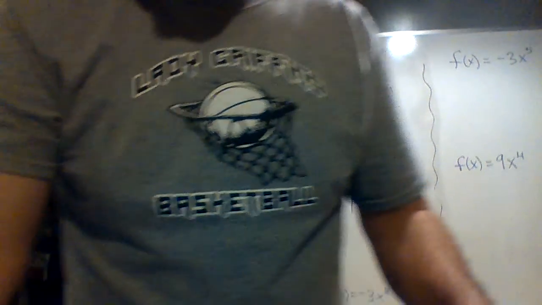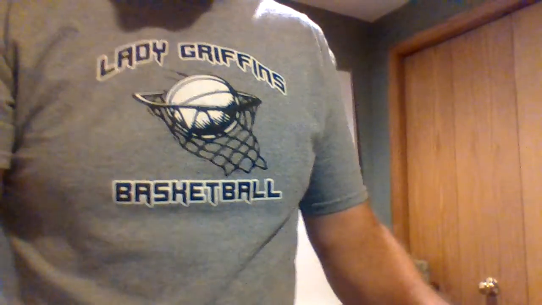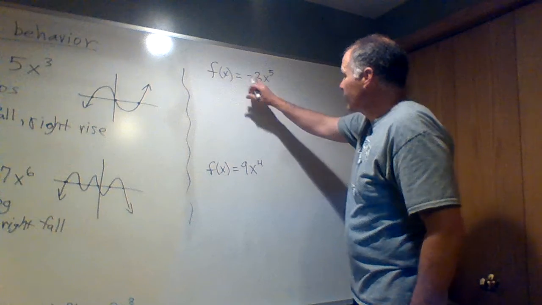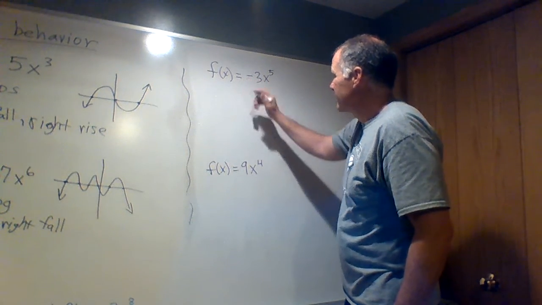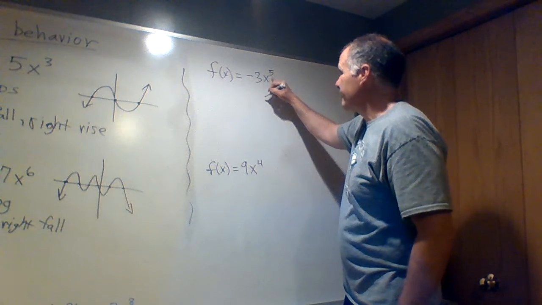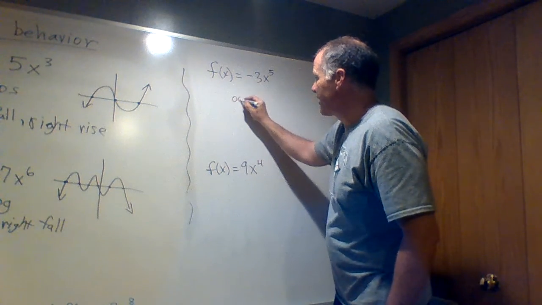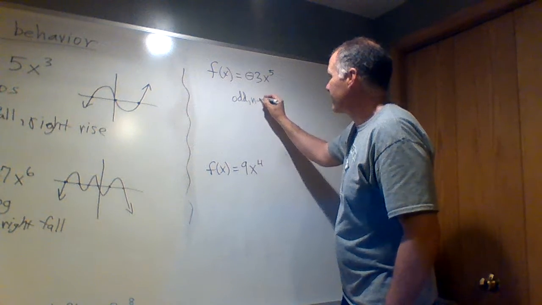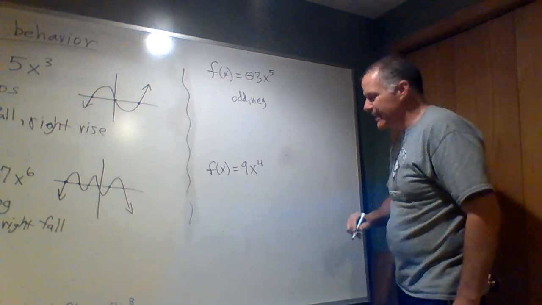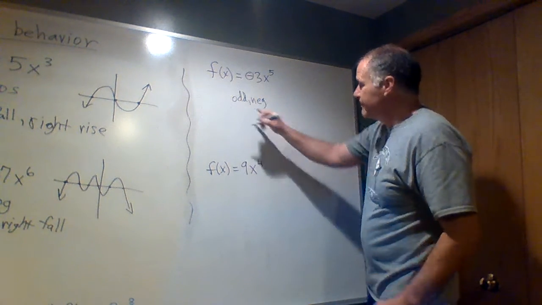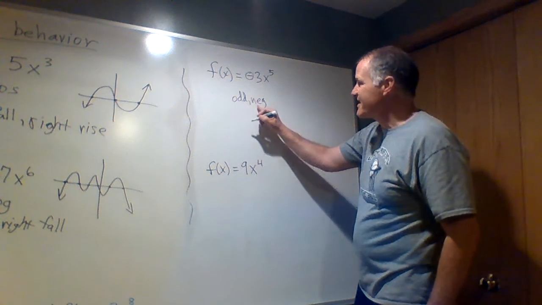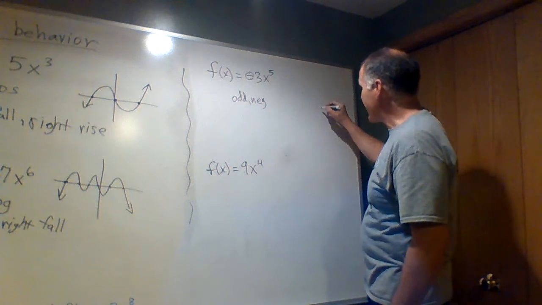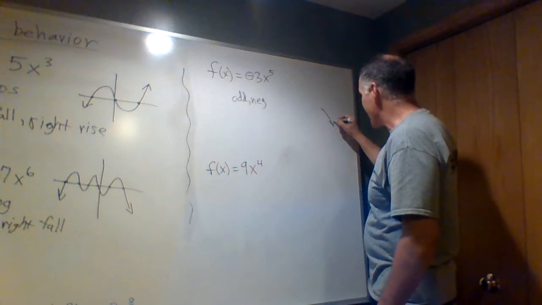Now let's look at a couple more over here. I've got a negative. First though, it's a 5, so we've got an odd. That is negative. So remember, guys, odd means it's going opposite direction. The sign tells you where you're ending. Because that's negative, I'm going to end down at the end.